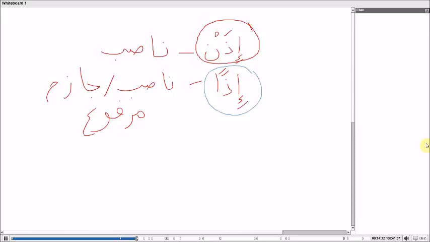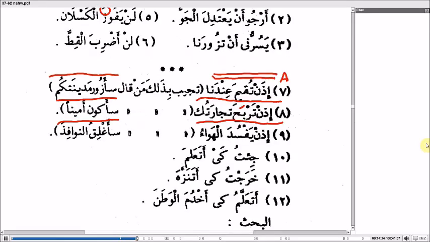Meaning, like we said in the example, Sa'azuru madinatakum. I'm going to visit your city. Idhin tuqima indana. Then you're going to stay with us. So a person said something, and someone else said an answer responding to that statement. So for instance, سأجتهد في الدراسة.